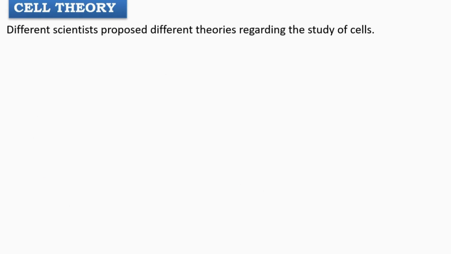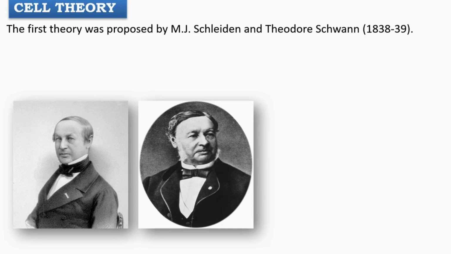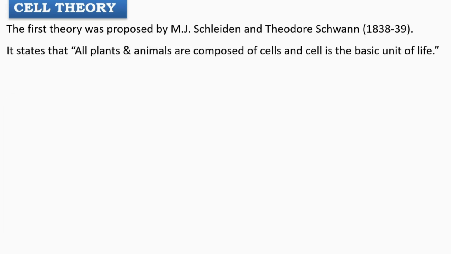Cell theory. Different scientists propose different theories regarding the study of cells. It states that all plants and animals are composed of cells and cell is the basic unit of life.